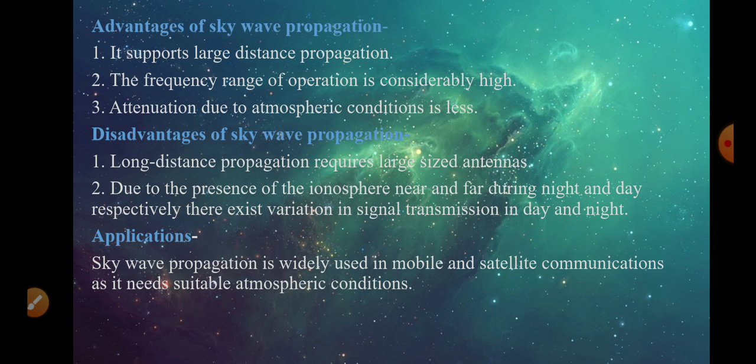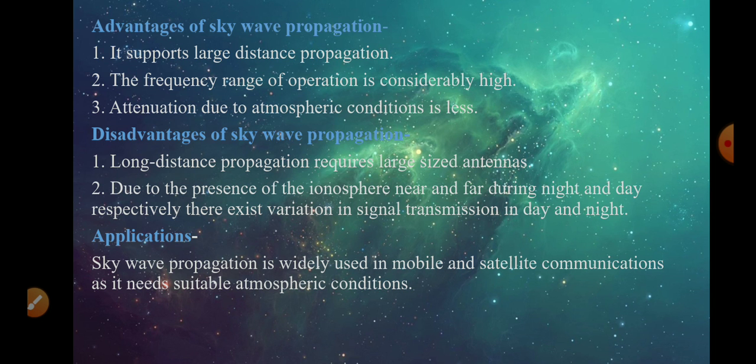Second point, due to the presence of ionospheric layers during night and day respectively, there exists variation in the signal transmission in the day and the night. Yes, because in the ionospheric region the refractive index varies as we move up through the layers, so there is a deviation in the signal.